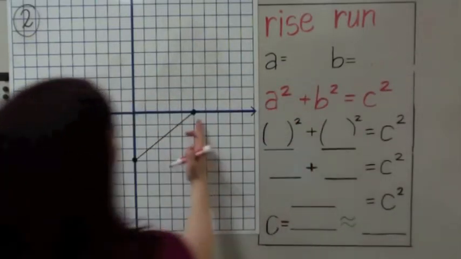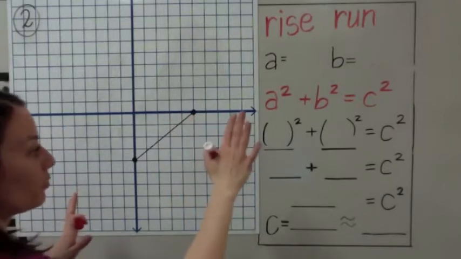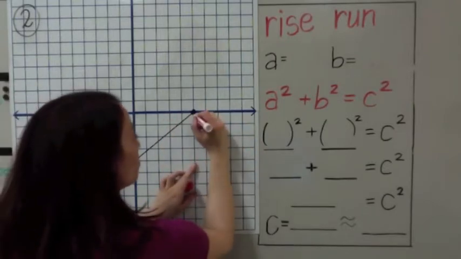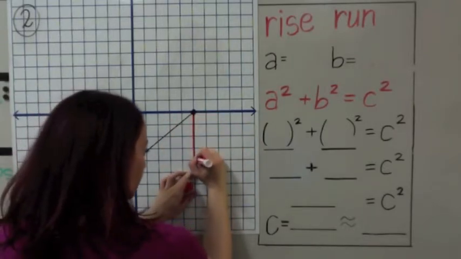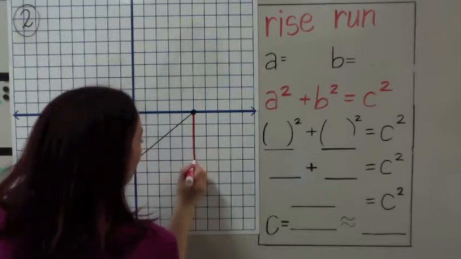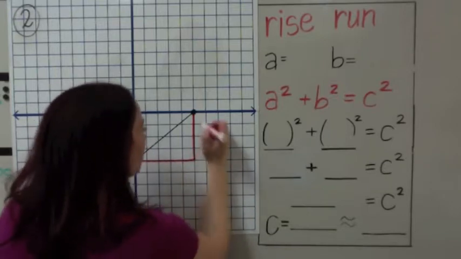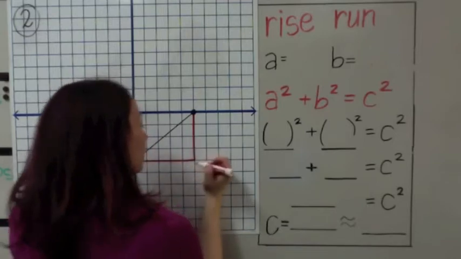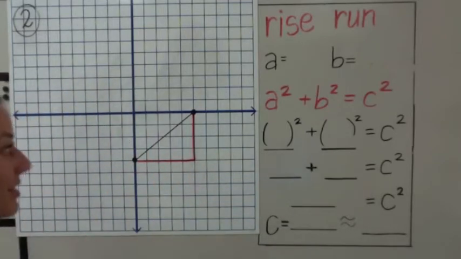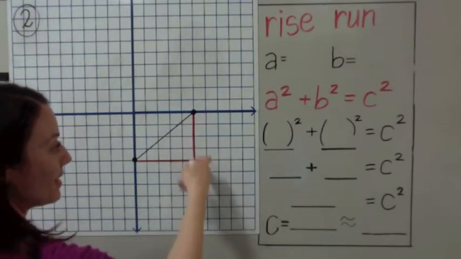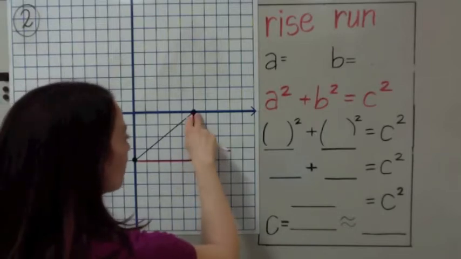Okay? So from this point, it doesn't even matter what the point is, you want to go straight down, rise down, and then we're going to run over. And I know in both cases, we're going down and to the left, but the distance that we're going to count these units are going to be positive. So I'm going to make some jumps to show you what is the distance, okay, down.